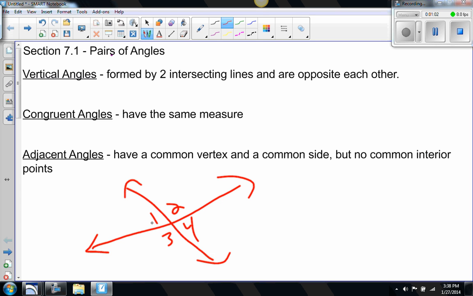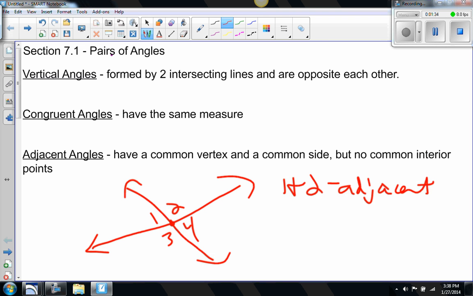So 1 and 2 have a common vertex and one common side, but the interior part of them, nothing would be shared. That's what no interior points means here. So 1 and 2 would be considered adjacent. 2 and 4, 4 and 3, 3 and 1, they're all adjacent. They're connected to each other.